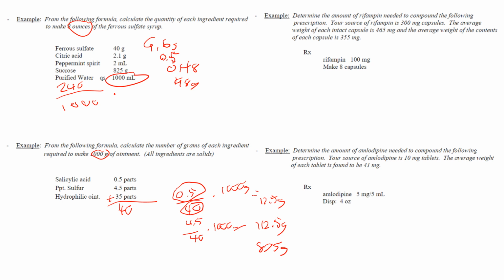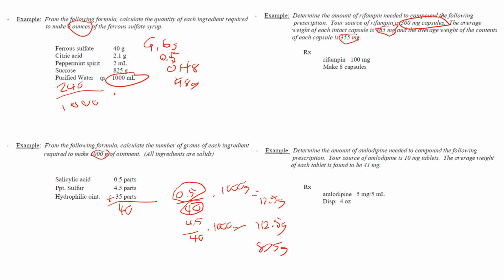We have 300 milligram capsules of rifampin, and the average weight of each intact capsule is 465. The reason is that the capsule itself has weight, besides just the active. And the average weight of the contents of each capsule is 355 milligrams. The reason might be that there are some binders or extended release powder formula stuff that may help absorption along with the capsules.